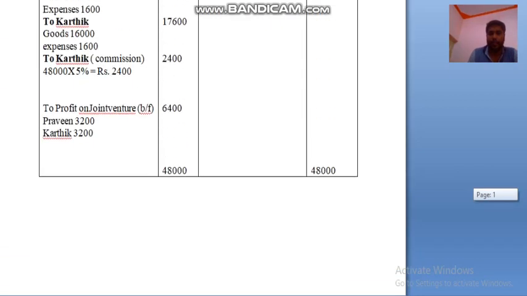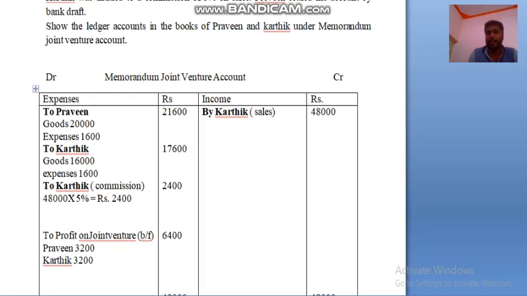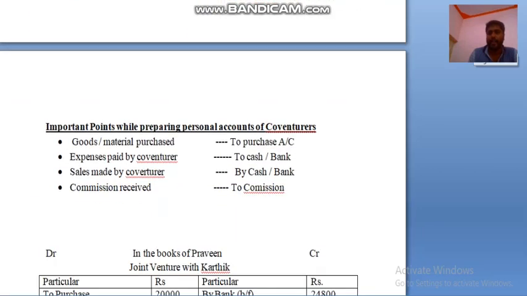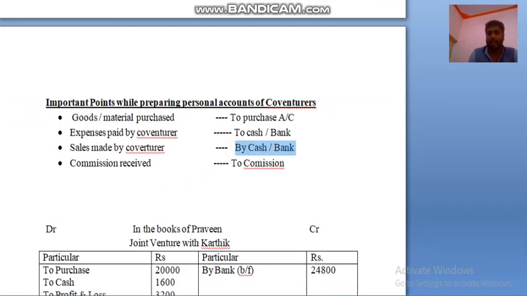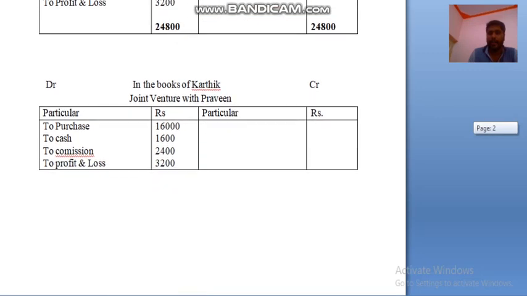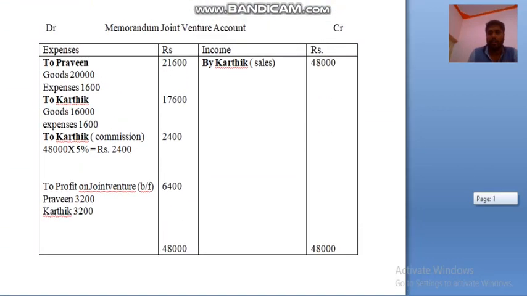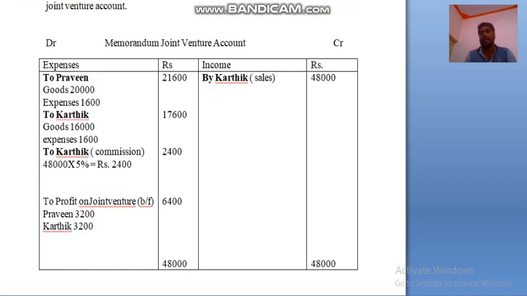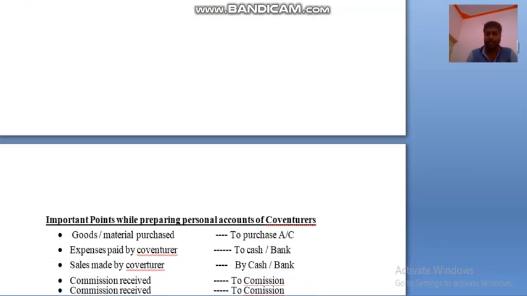Next, one more transaction related to Karthik is sales. How much? 48,000. If you made sales, that should be credited with cash or bank. So on the credit side, by cash or bank is 48,000. Now the transactions related to Karthik are over. Now make balance.